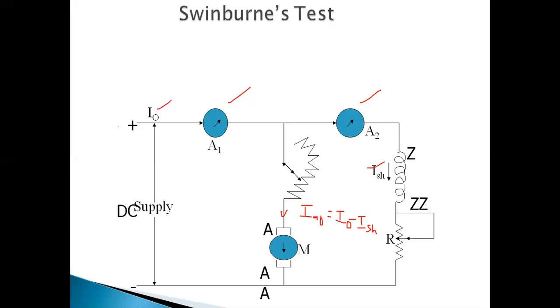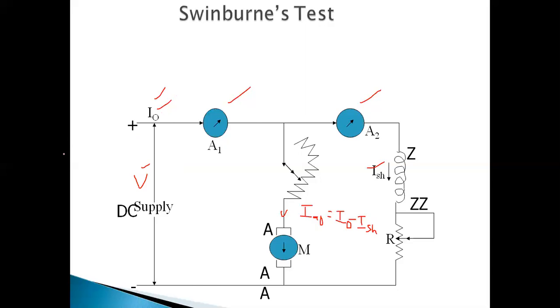Also, let V be the supply voltage. Therefore, the no load power input is equal to V multiplied by the no load current I naught, and the power units are in watts. In the Swinburne test, the no load power input is only required to supply the losses.